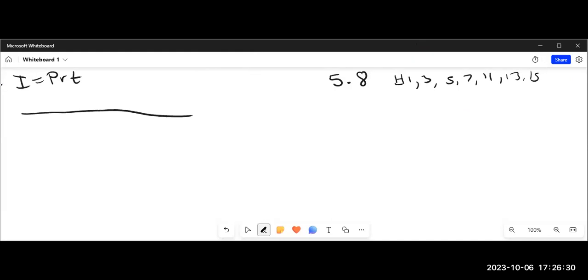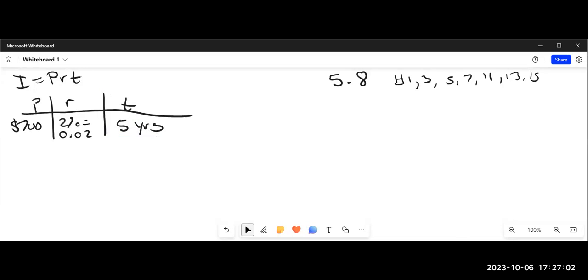All right, let's start off with P, R, and T. My principal in my first problem is $700. My interest rate is 2%, which I'm going to express as a decimal, 0.02. My T is given to me as 5 years. Because my interest rate is an annual interest rate, T needs to be measured in years. If this were a monthly interest rate, I'd have to convert T to months.